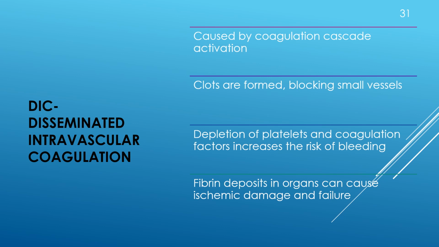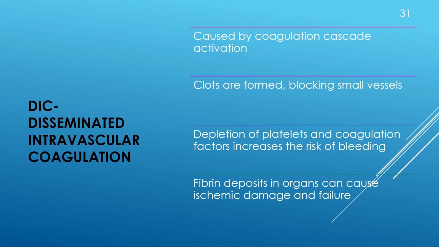Another condition you need to know about is DIC, or disseminated intravascular coagulation. Basically, it is caused by a clotting factor in your blood that forms clots. They block small blood vessels and deplete the platelets in the body, and as a result there's an increased risk of bleeding.